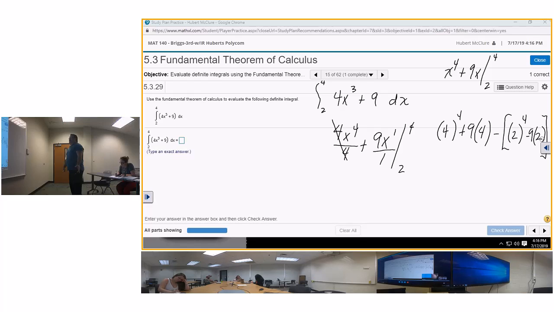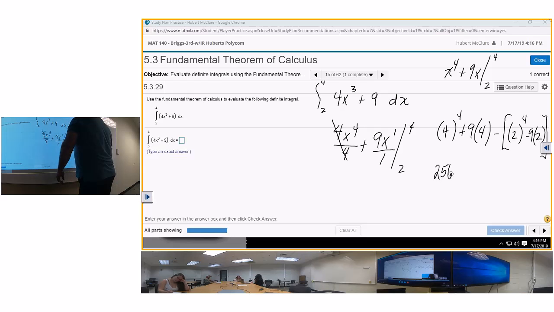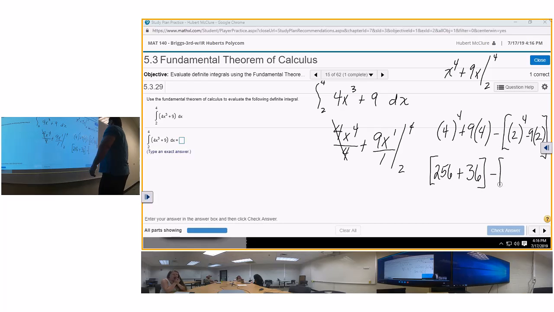4 to the fourth power is going to be 64 times 4, which is what? 256 or 216? It's 256, plus 36, minus 2 to the fourth, which is 16, minus 18.